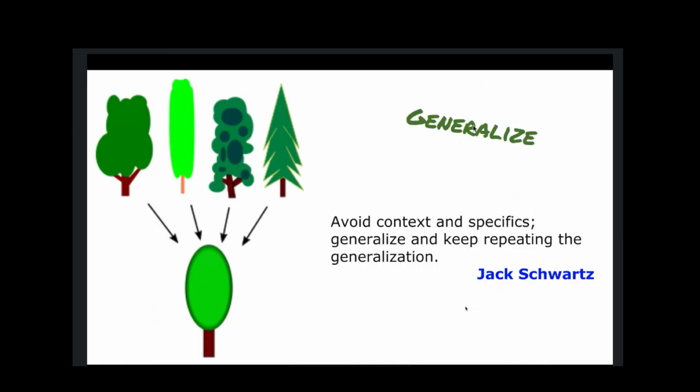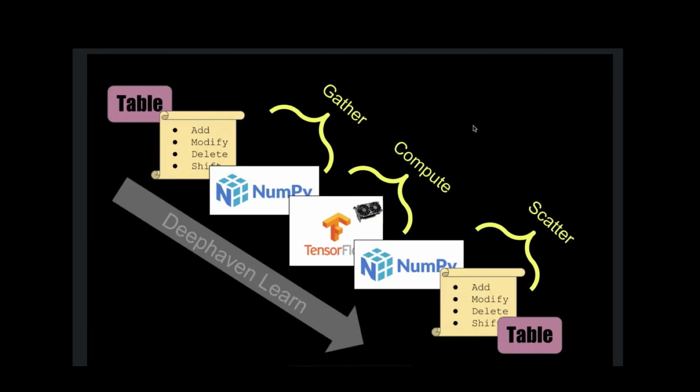At this point, the key design decision was to generalize. We want to avoid context and specifics. We want to generalize and keep repeating the generalization. Like these trees, they're all trees, but you can represent them as something more simple. And this ends up being useful here. This progression we're going to break into 3 parts.